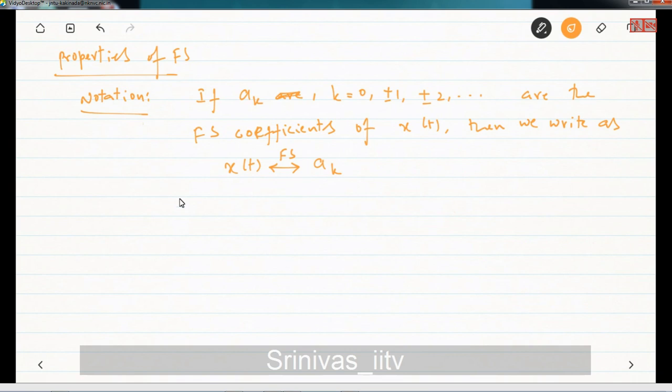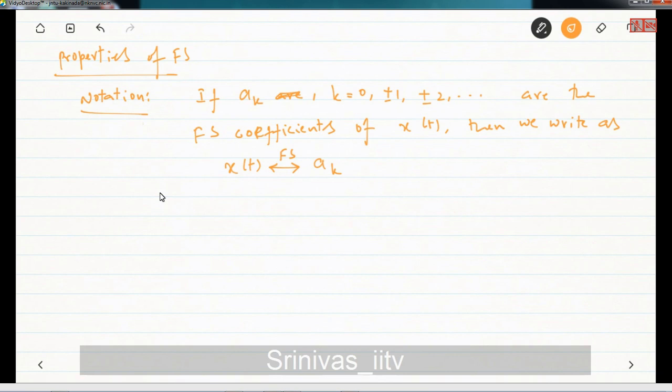So say x of t is there and we found its Fourier series coefficients, and they are a0, a1, a2, a3 and a minus 1, a minus 2, a minus 3 and so on. Then we write, this is the notation for that.